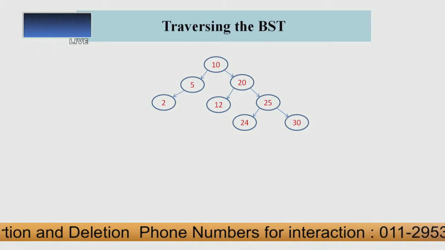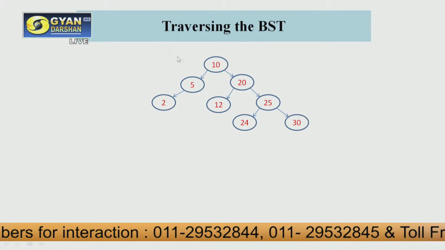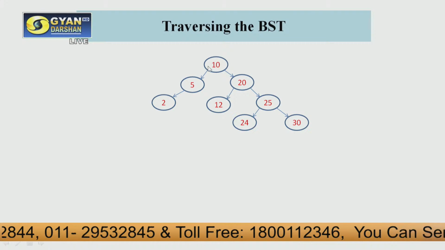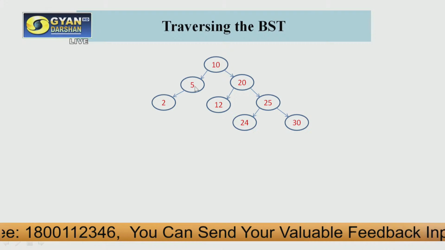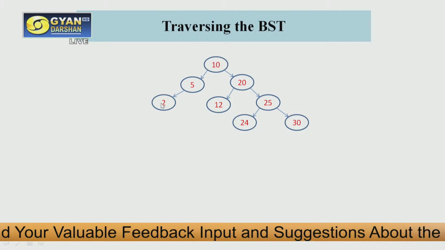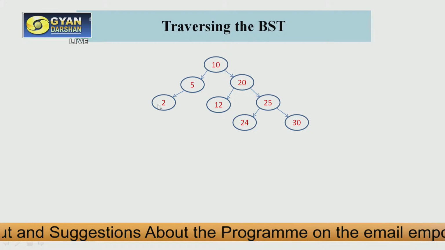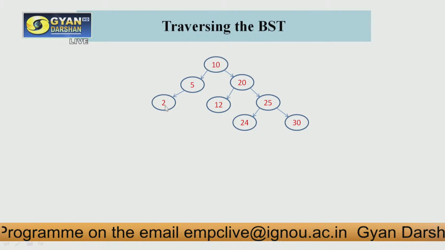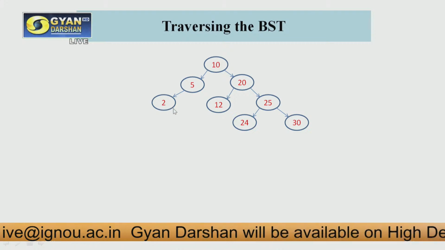in this case, if we want to perform the in-order traversal, we will start from 10. Because there is a left subtree, we will go to the left and reach 5, and after this there is a further left node, that is 2. So we will print 2 first, and then go one level up because there are no further nodes to the left or right of key 2.